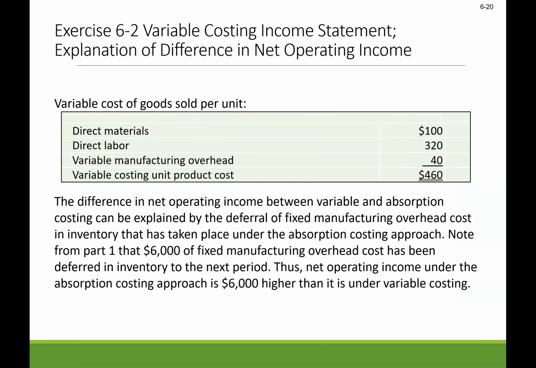Under the variable costing, we only use the variable manufacturing overhead because the fixed manufacturing overhead goes into period costs. The difference in the net operating income between the variable and absorption is figured by deferring the fixed manufacturing overhead cost of inventory under the absorption.